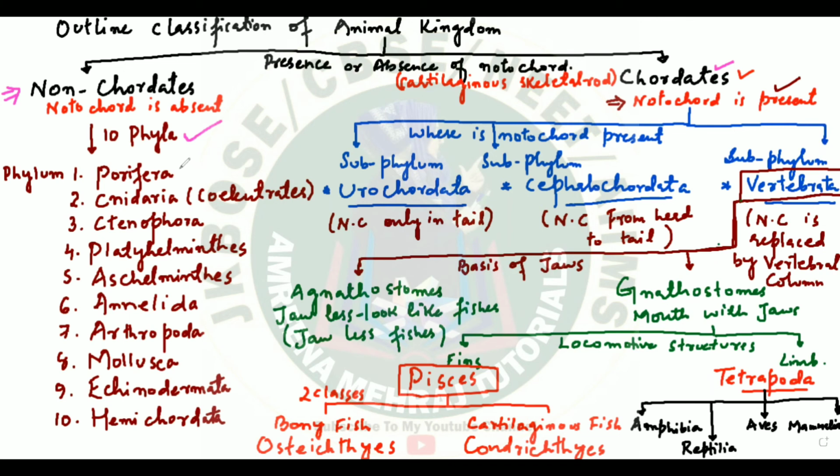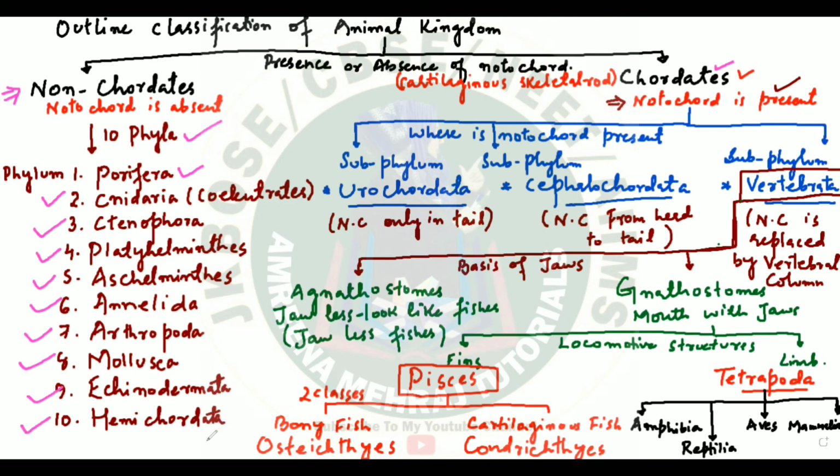Into 10 phyla. What are they? From here to here, you are moving from simplicity to complexity. So you will see Porifera first, second phylum Cnidaria, third Ctenophora, fourth Platyhelminthes, fifth Aschelminthes, sixth Annelida, seventh Arthropoda, eighth Mollusca, ninth Echinodermata, tenth Hemichordata.